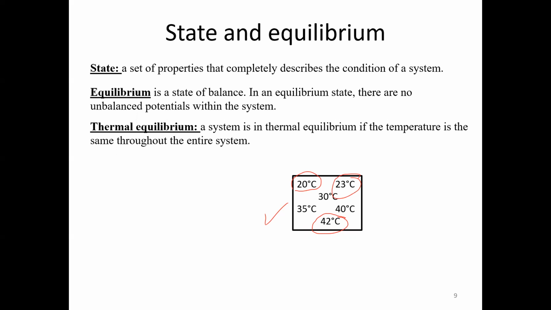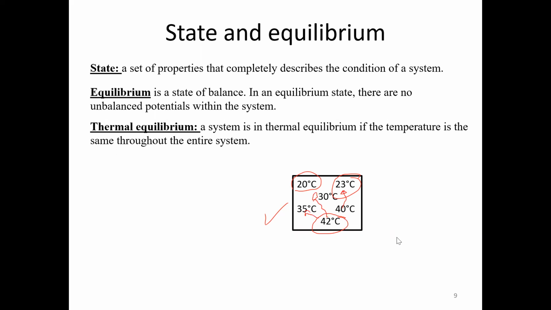If I leave it for a while, then there will be heat transfer between different parts. We said before that the heat transfer will take place from the high temperature to the low temperature. So from this part, it will go to the other part, try to exchange heat with that part, and then this one, and so on until we reach a state of equilibrium.